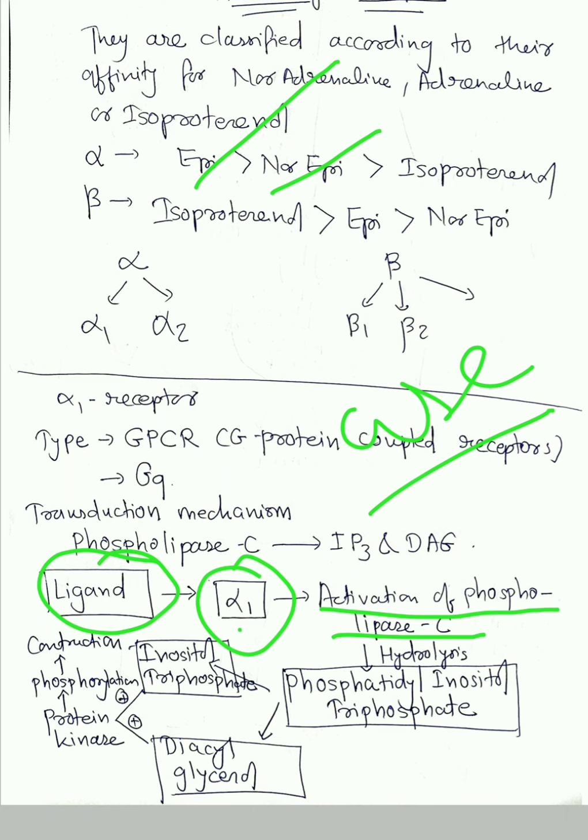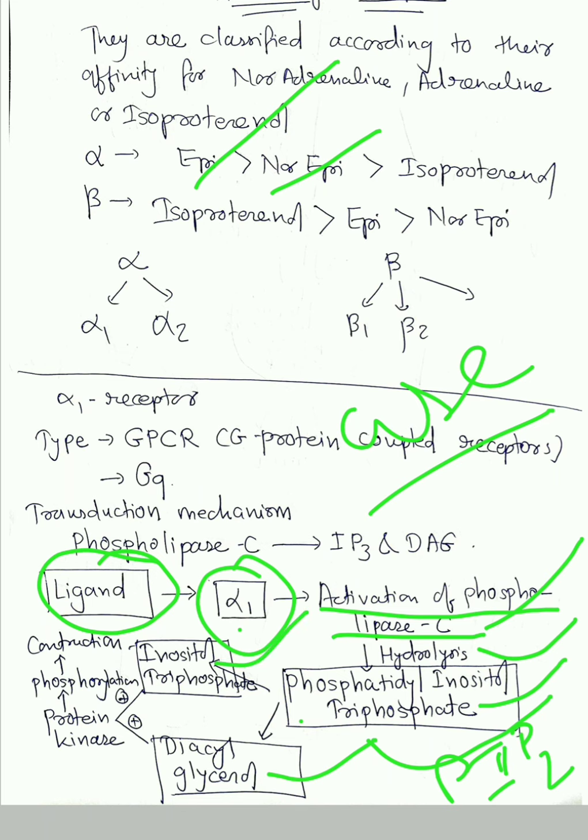So activation of this phospholipase C enzyme will do hydrolysis of the substrate phosphatidylinositol bisphosphate, also called PIP2, and it will lead to production of diacylglycerol as well as inositol triphosphate, that is nothing but IP3 and DAG.